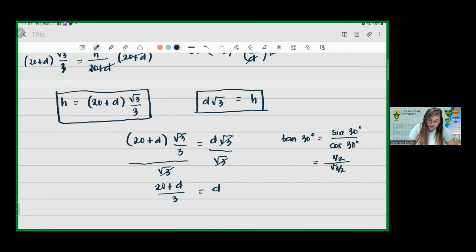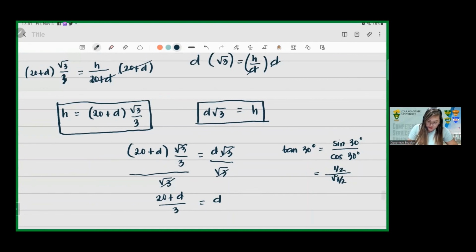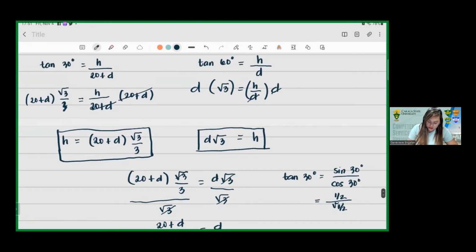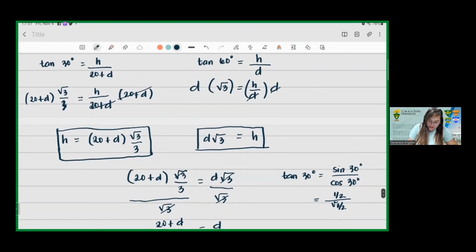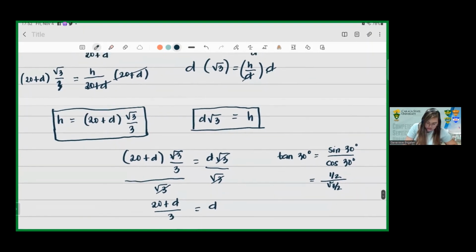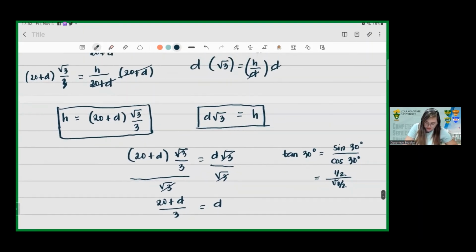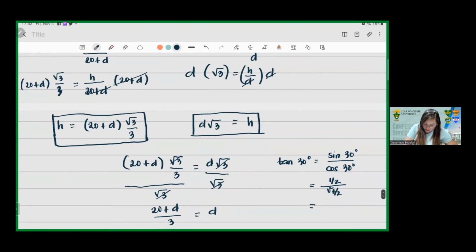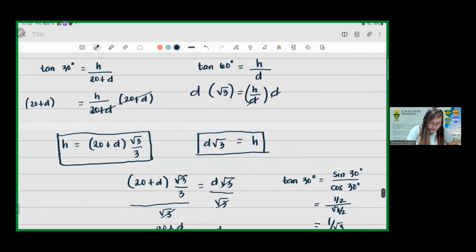So we can just use 1 over square root of 3, which is the same. So this is 1 over square root of 3, and this one is square root of 3.